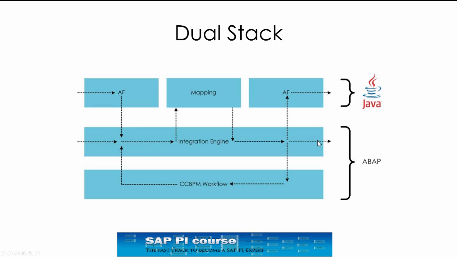Or are we using the IDOC adapter to deliver it to an SAP system? Then it also had cross-component BPM, which is a process modeling tool that will enable you to model processes and make it run a more complicated thing than just taking a message from one location to another location.